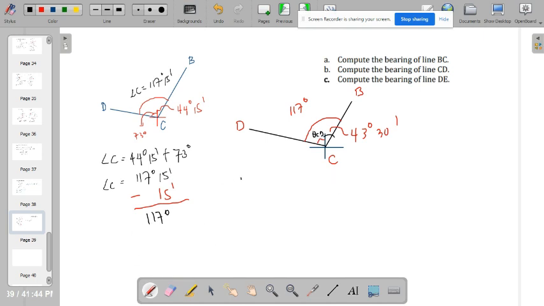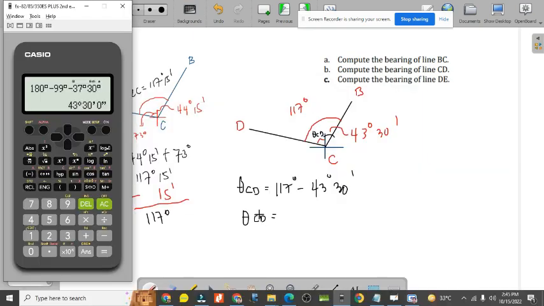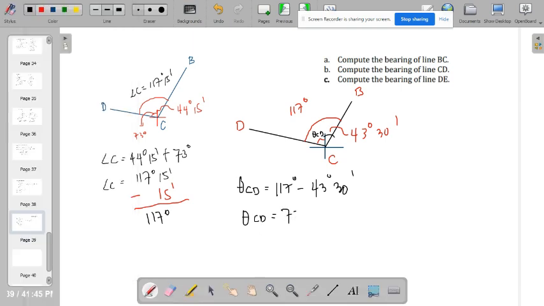So, therefore, theta CD is equal to 117 degrees. I-less natin ito ng 43 degrees and 30 minutes. So, theta CD is equal to 117 minus 43 degrees and then 30 minutes. That gives you 73 degrees 30 minutes.